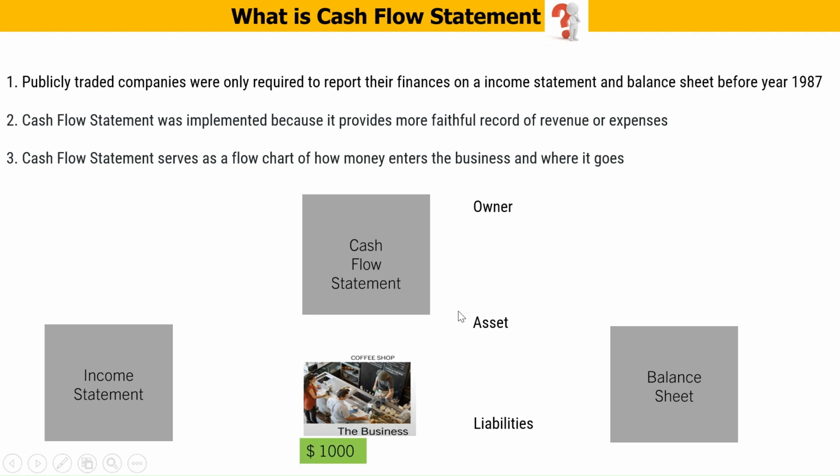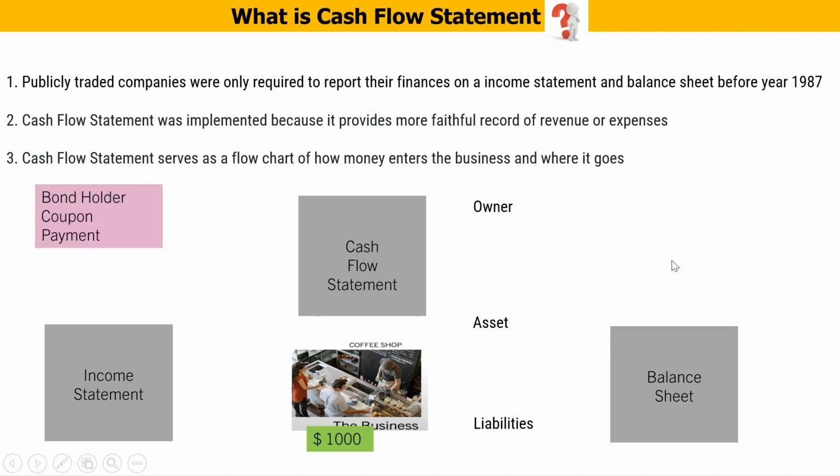Another thing that you are going to find on the cash flow statement is the money that John is using to pay off his debts or to make coupon payments on the bonds that he might have issued.